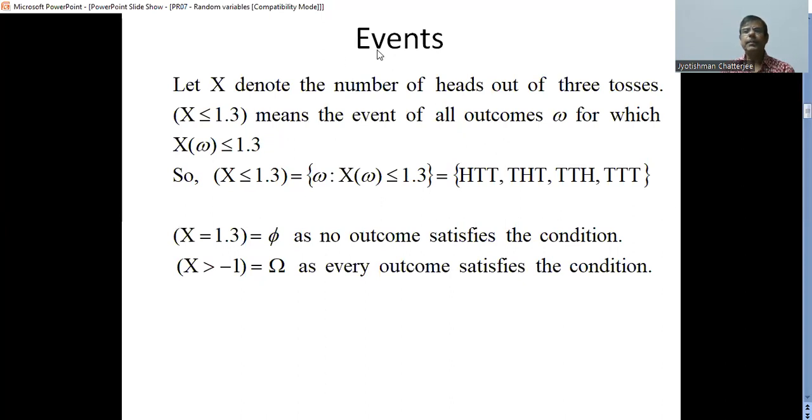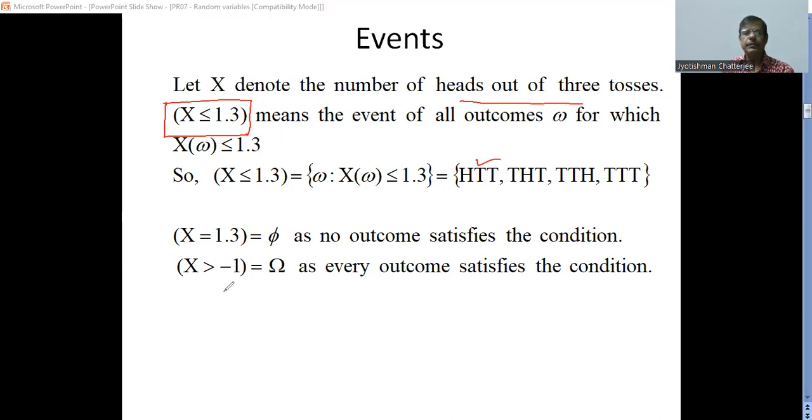Let's look into this example. X denotes the number of heads out of 3 tosses, and we are considering the event X less than or equal to 1.3. Now, which outcomes satisfy that? HTT, this has exactly one head.